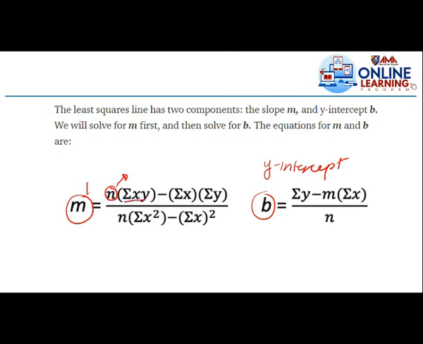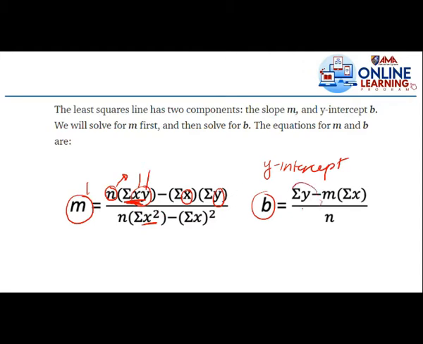Next, you have to get the summation of x times y, which is the domain times the range values. Then, the summation of all the domain, the summation of all the range, or the x and y values, and the summation of the domain raised to the power of 2, take that also.